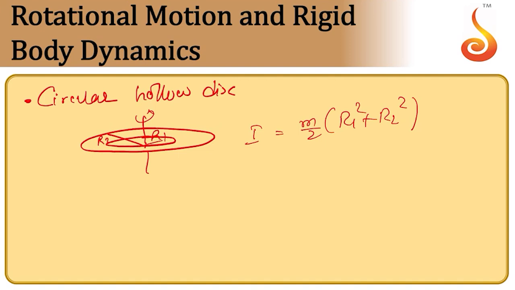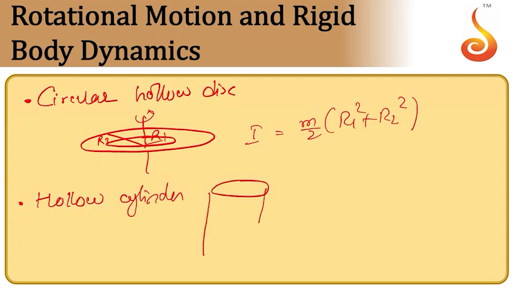That's the moment of inertia. Hollow cylinder of radius r, and assume that this is the axis of rotation, then moment of inertia is mr square.